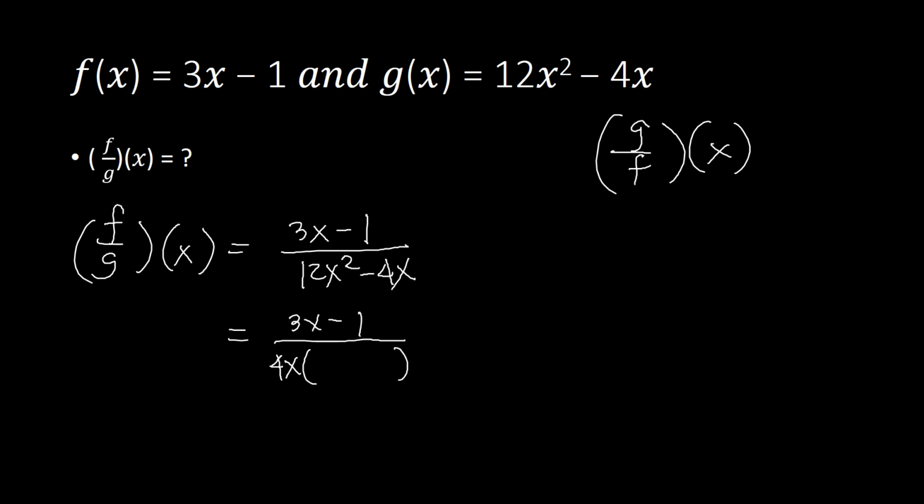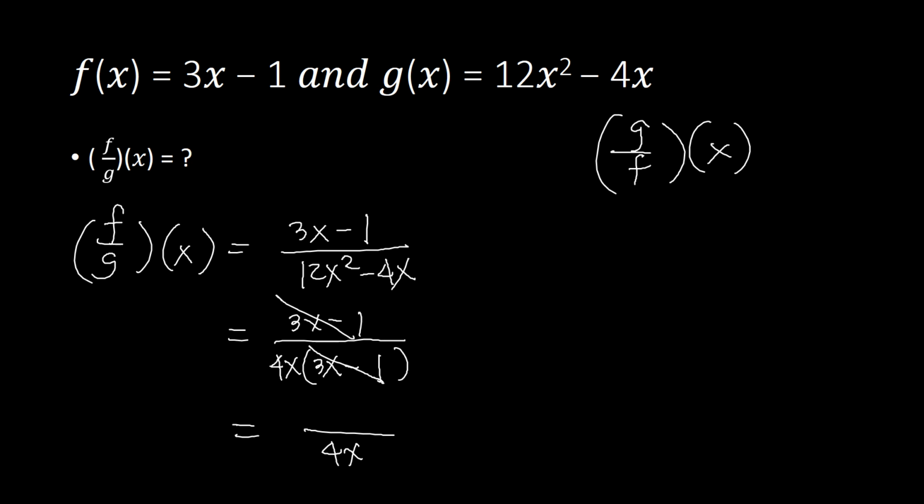So 4x is taken out. 12x squared divided by 4x is 3x, minus 4x divided by 4x, that's 1. We cancel this one out. And then we are left with 4x at the bottom part, but it doesn't mean that we don't have a number at the top.